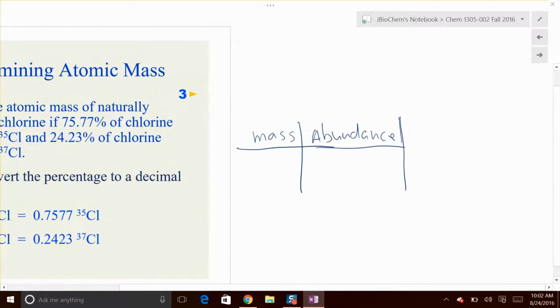Here we have chlorine 35 and chlorine 37, and those are their masses, 35 and 37 atomic mass units. And then multiply them by their percent abundance.